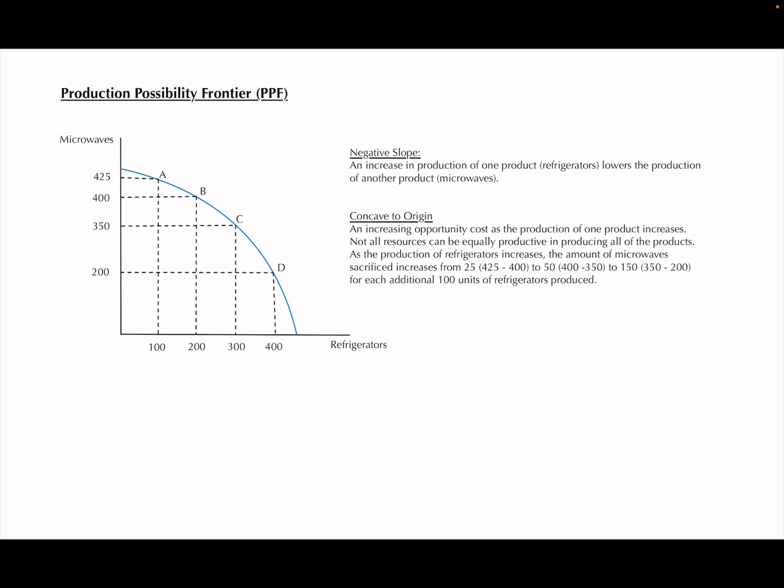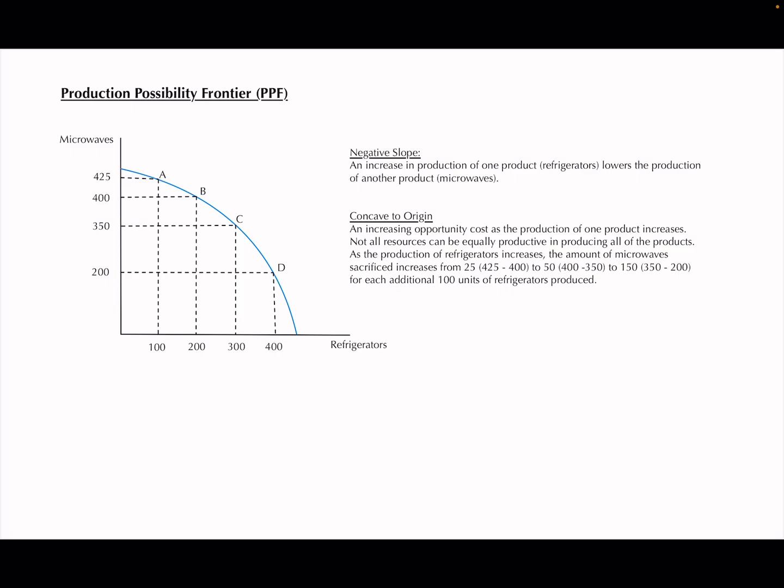The opportunity cost for the product is what you're sacrificing in order to make that combination of products. Not all resources can be equally productive in producing all of the products, and this causes the opportunity cost to increase as the production of one product increases.